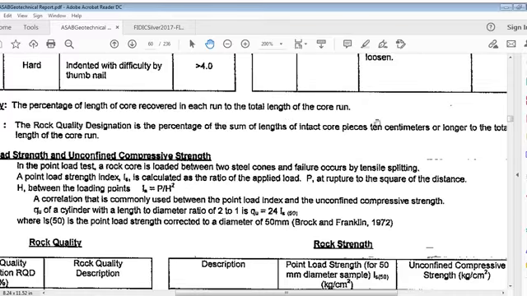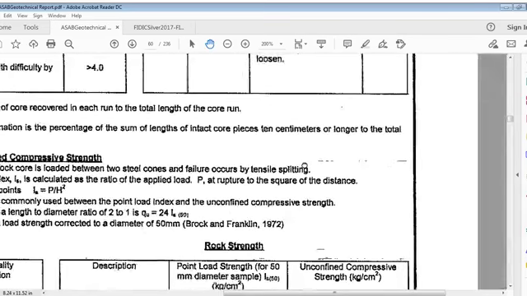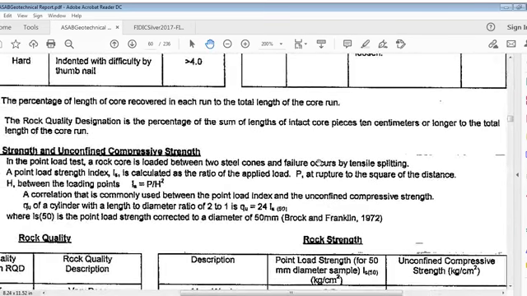Now when you say the percentage of sum of length of core pieces 10 centimeters or longer, it is called the quality. What else?